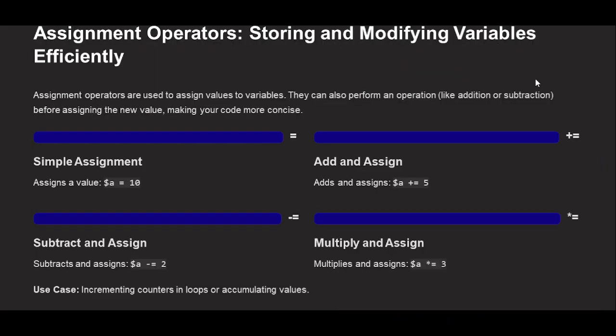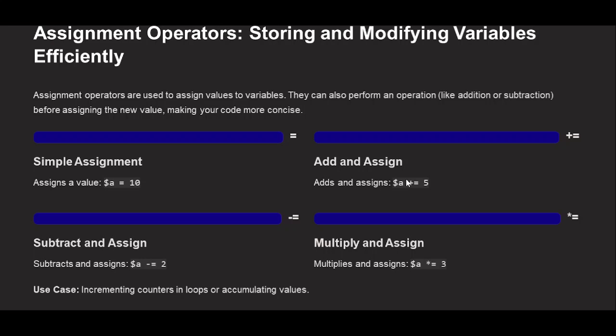So if we talk about assignment operators, guys, what is an assignment operator? It is something we use when we are assigning a value to a variable. For example, I will declare $a = 10. So what I'm doing here is assigning a value. Similarly, add and assign. What does it do? $a += 5.